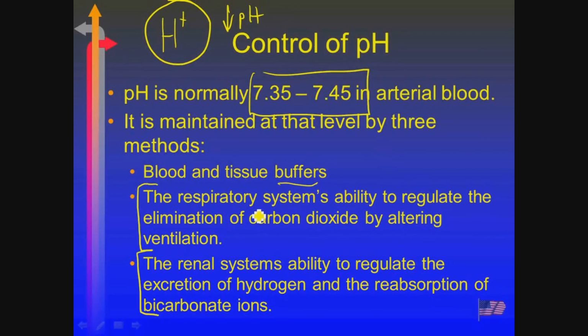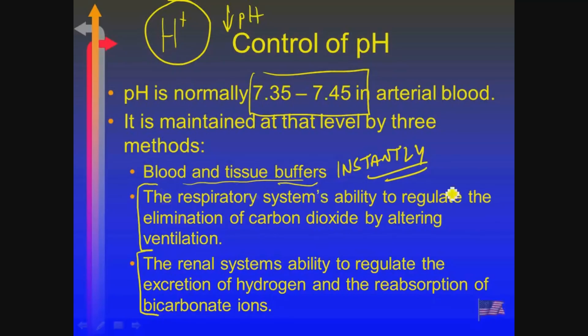Almost instantly, blood and tissue buffers kick in. So within moments, an attempt is made to control the hydrogen ion concentration. There's only a limited number of these buffers around, so quite quickly they can be overwhelmed.